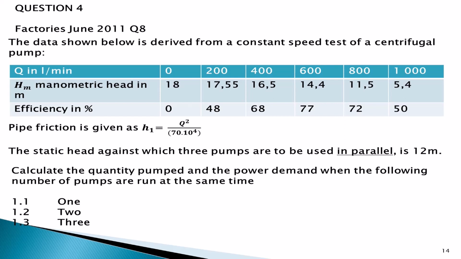And we're given the efficiency, and the pipe friction is given as Q squared over 700,000. The static head against which the three pumps are to be used in parallel is 12 meters. Now we have to calculate the quantity pumped and the power demand when the following number of pumps are run at the same time.